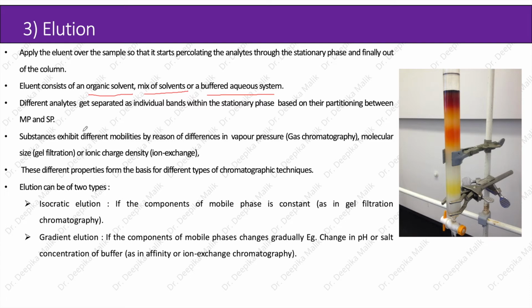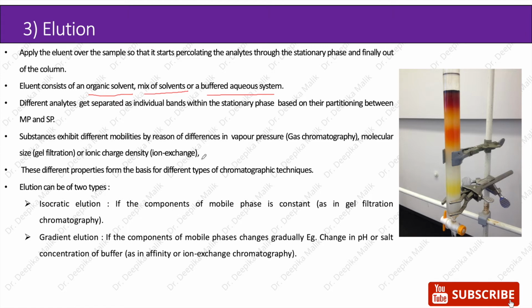Substances exhibit different mobilities by reason of differences in vapor pressure in the case of gas chromatography, in molecular size in the case of gel filtration chromatography, or ionic charge density in the case of ion exchange chromatography. These different properties form the basis for different types of chromatographic techniques.